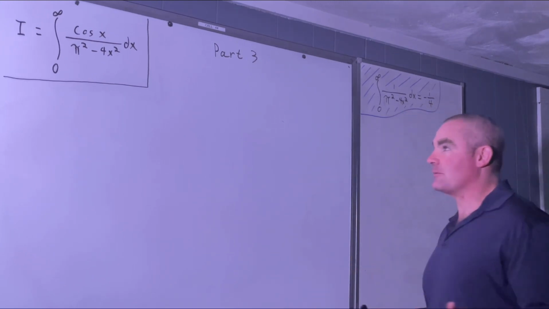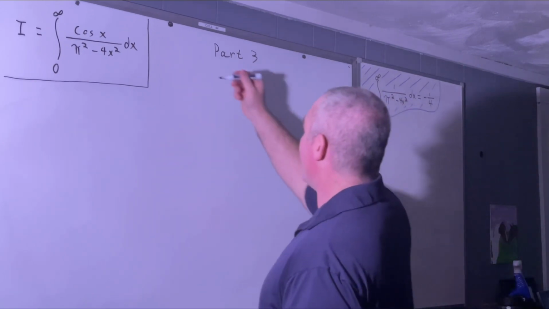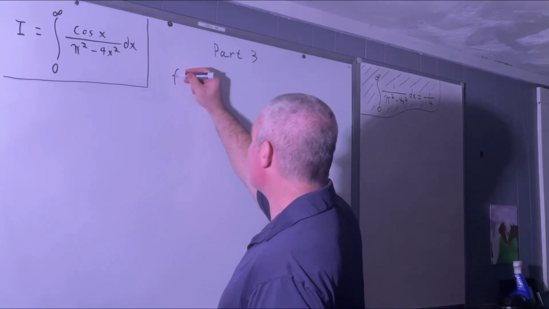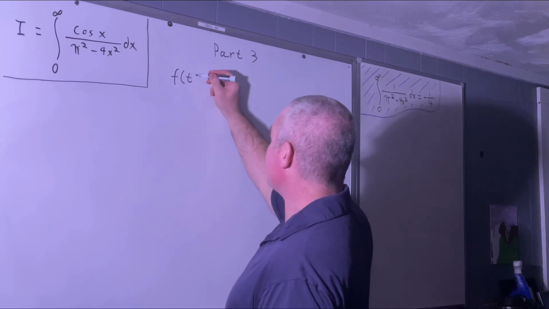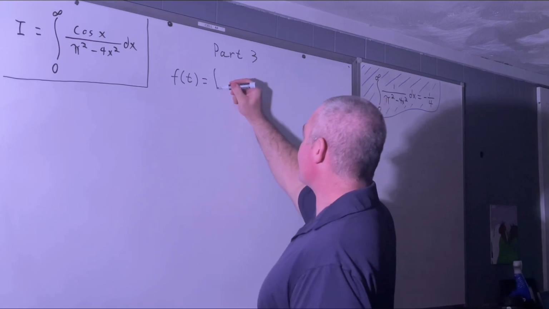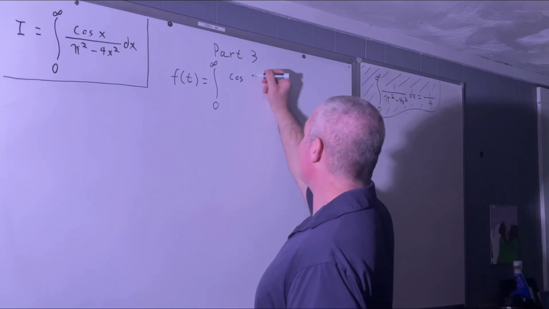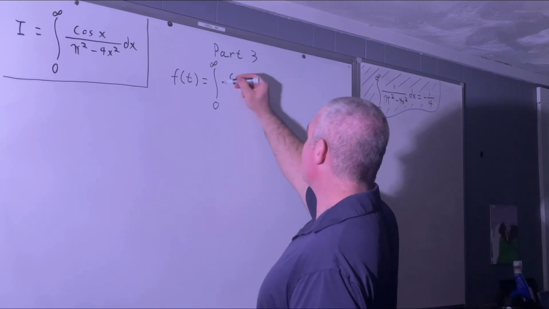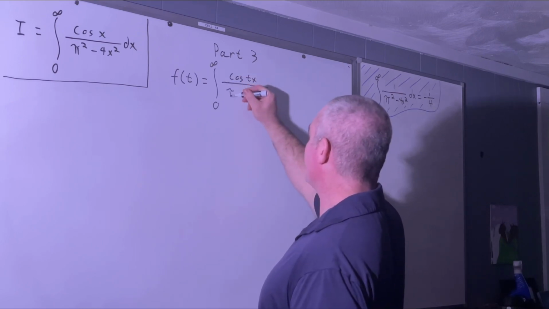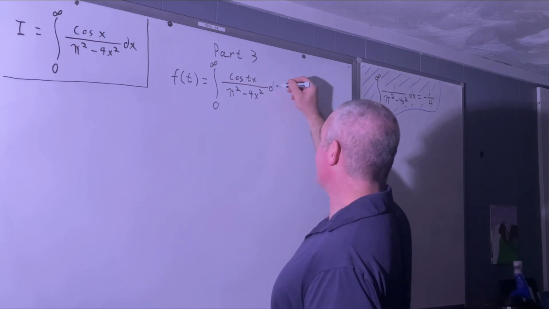Anyway, now comes the part where we actually use Feynman integration. So we will start in the usual manner by creating a function of t, and it's going to look almost like this thing. It's going to be the integral from 0 to infinity of cosine tx over pi squared minus 4x squared dx.